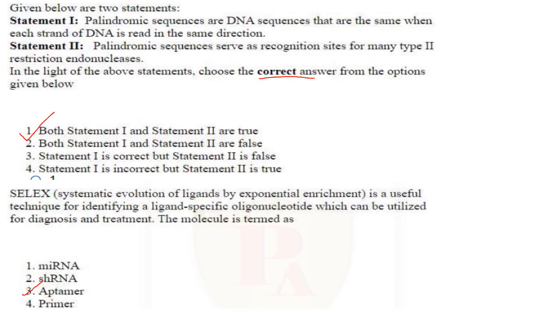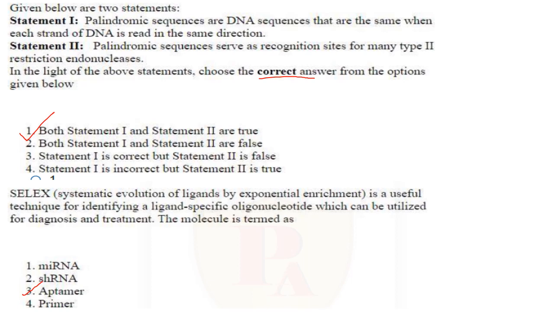Then next one. Given below are two statements, statement 1 and statement 2. In the light of the above statements, choose the correct answer from the options given below. Statement 1: Palindromic sequences are DNA sequences that are the same when each strand of DNA is read in the same direction.